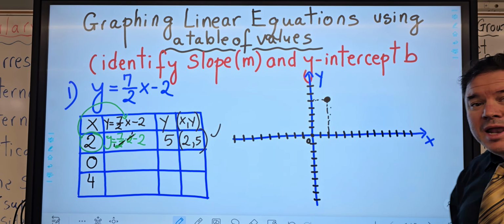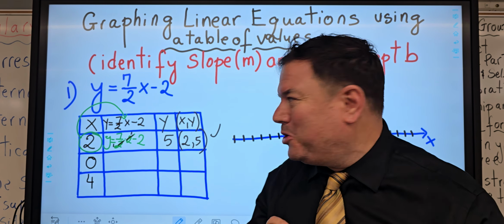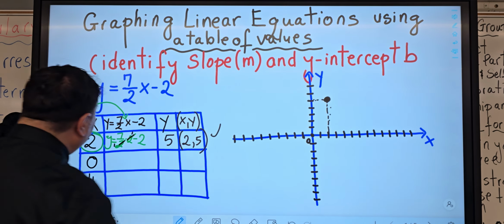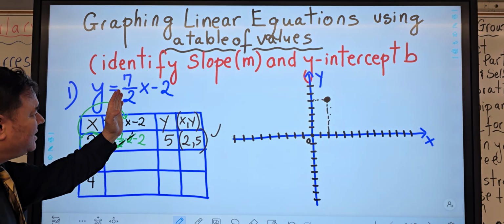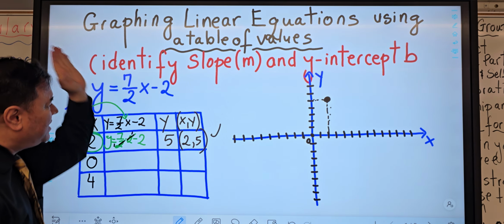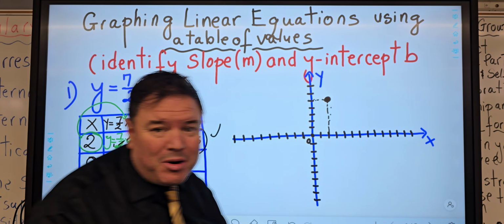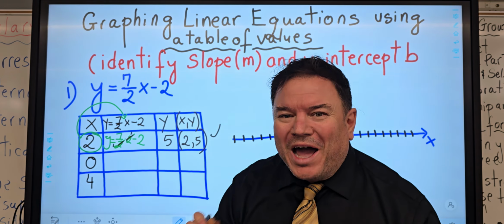Now, something very important. I've been telling you about the number at the end. Remember, when the y is by itself, and we have a number or a fraction times the x minus a constant, that number at the end represents the y-intercept.